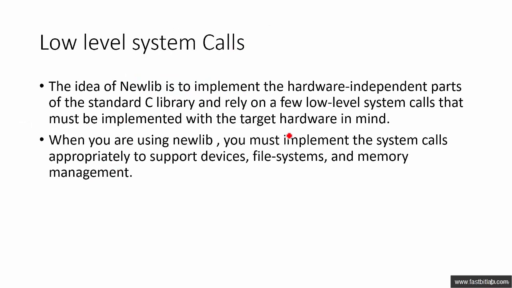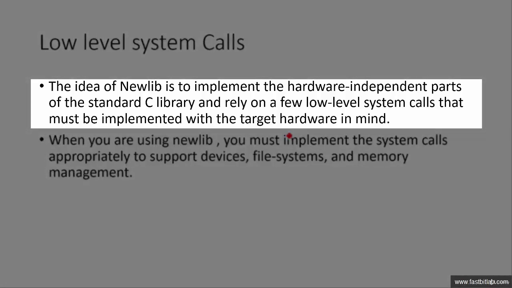Let's talk about some other things we need to do for this project in order to link successfully with the C standard library. We should take care of low-level system calls. The idea of NewLib is to implement the hardware-independent parts of the standard C library and rely on a few low-level system calls that must be implemented with the target hardware in mind.